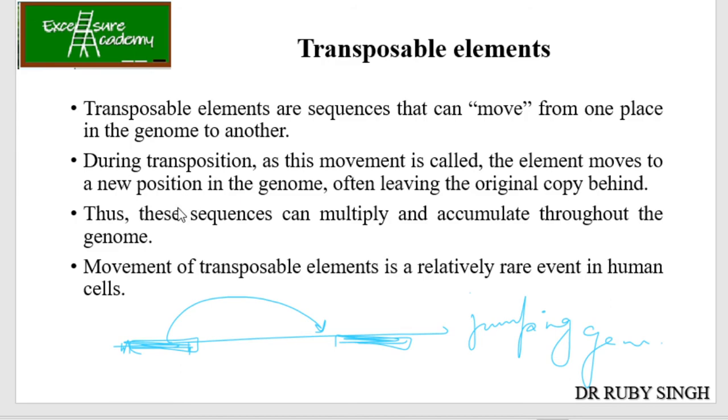So during this transposition, the element moves to a new position in the genome, often leaving the original copy behind. So they can multiply, accumulate throughout the genome, and it is relatively rare in the case of human cells. So she found it in the case of maize and corn. So there she first understood about the transposable elements.